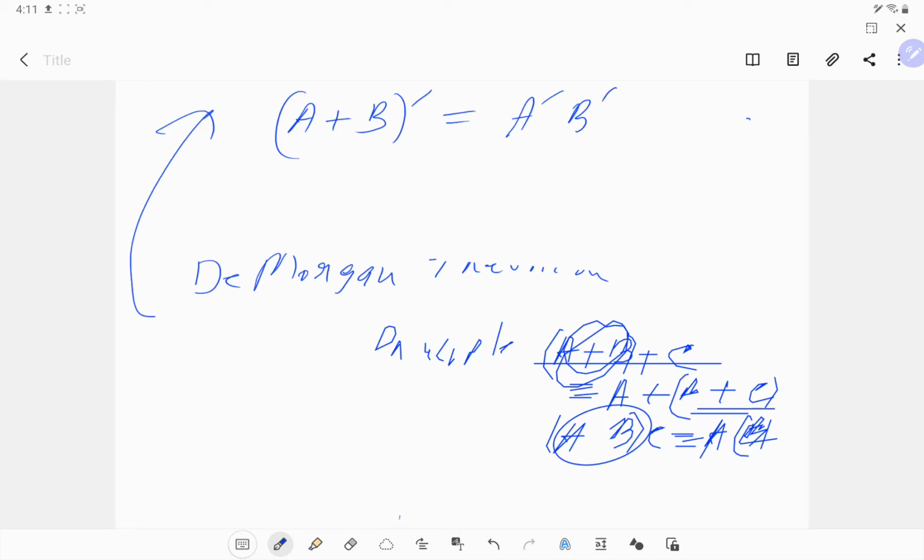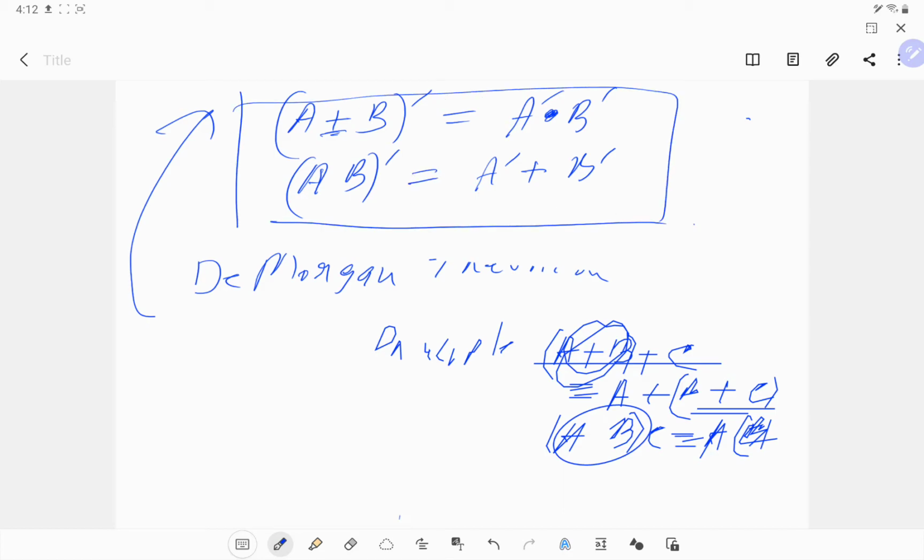That's the first De Morgan theorem. This one is for plus, which is or, and the second one is for and. So (AB) prime equals A prime plus B prime. These two are called the De Morgan theorem.